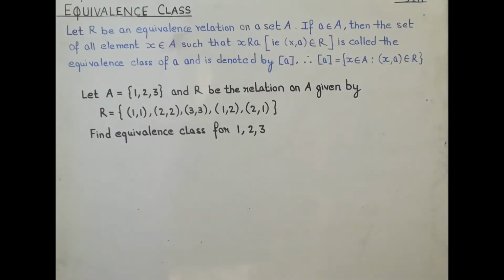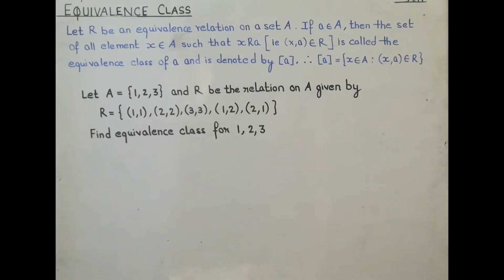Now see, we have to start with equivalence class. The definition of the equivalence class says, let R be an equivalence relation on set A. That means, first of all, we must keep this in mind, that R is an equivalence relation on the set A. And now they say, if a belongs to set A, then the set of all the elements x belonging to A such that x is related with a is called the equivalence class of a, and it is denoted by [a] within the square bracket.